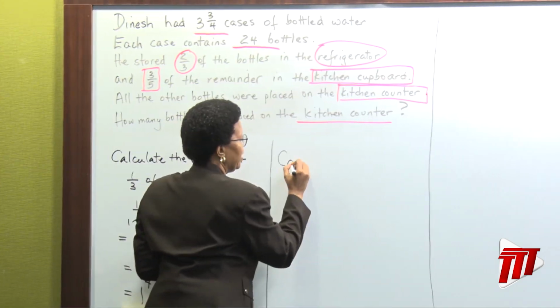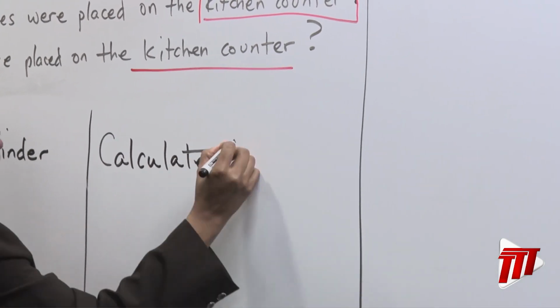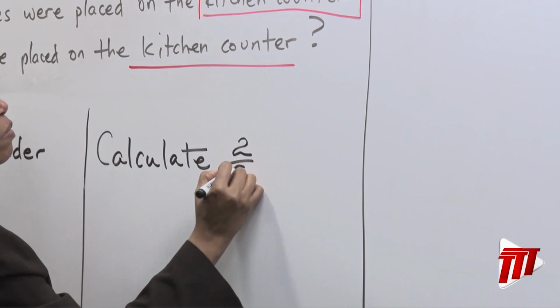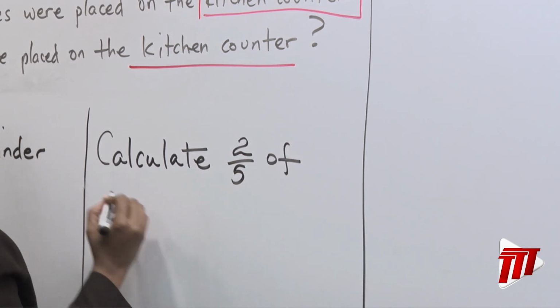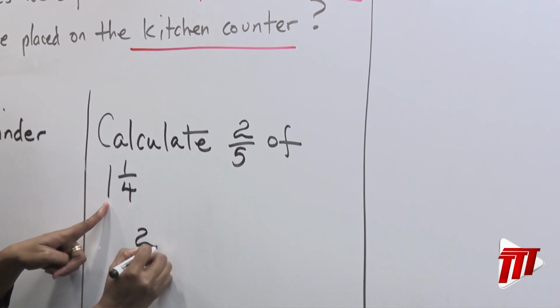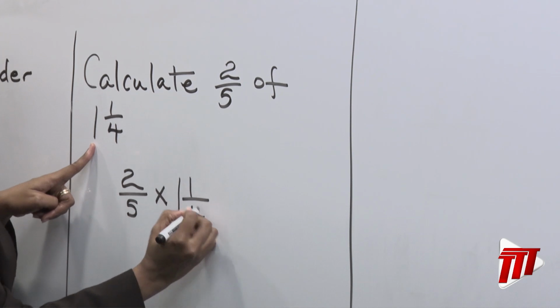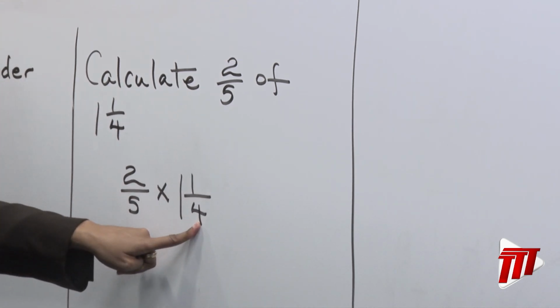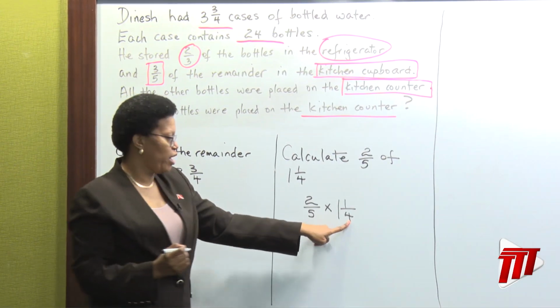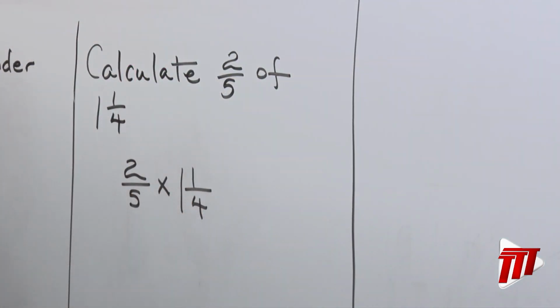So calculate 2/5 of 1 1/4. We want 2/5 multiplied by 1 1/4. We can write 1 1/4 as an improper fraction. 1 multiplied by 4 is 4. 4 added to 1 is 5.